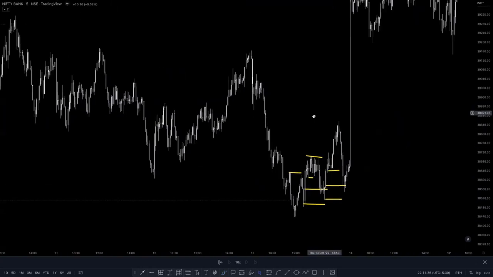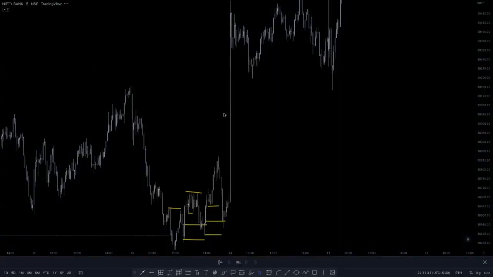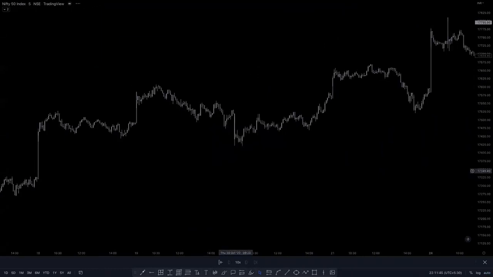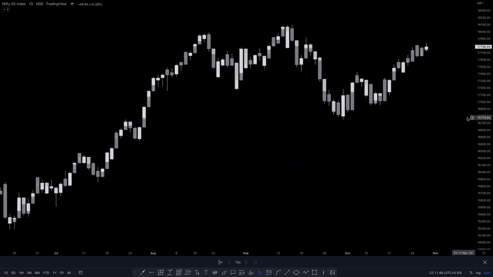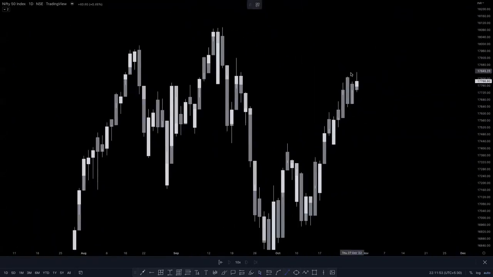Right. If you want to see it in the Nifty chart, then you will see a clearer picture in the 1 day time frame. Like here, this high is swept by this move, right? So how can you take care?